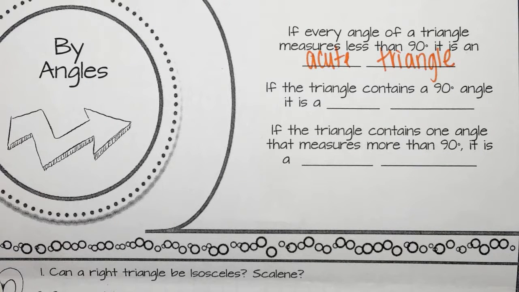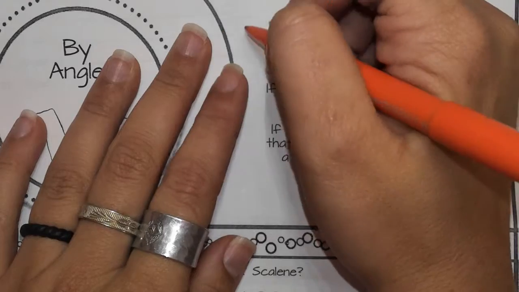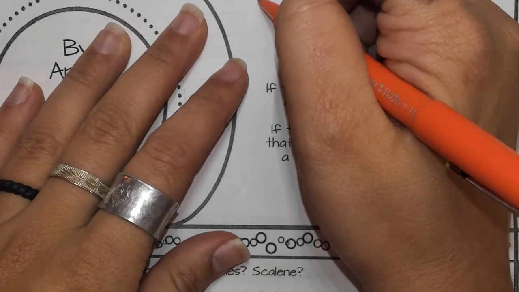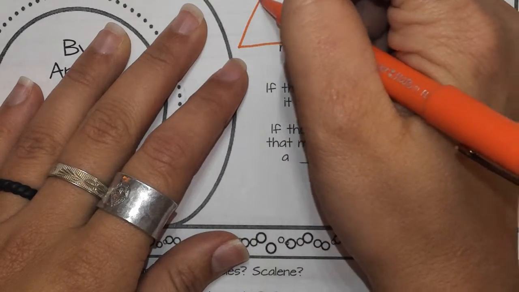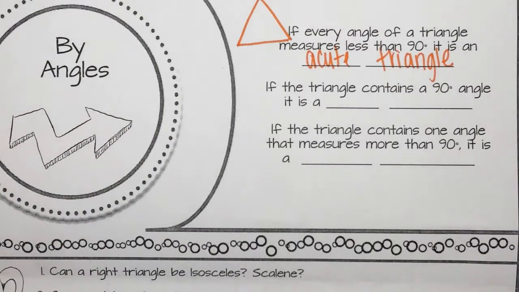There are rulers in the third drawer and there are protractors in the second. So I would get those out. A ruler or a protractor, some kind of straight edge. In acute, they all must be less than 90. So draw a triangle where they're all less than 90.